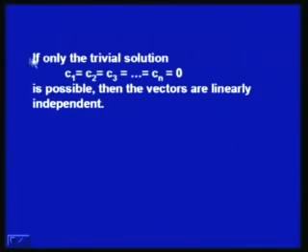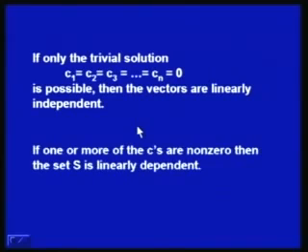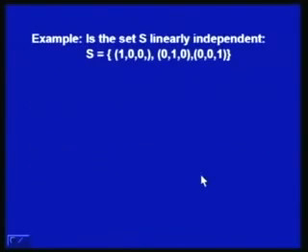If you find that the only solution is the trivial solution in which C1, C2, C3, Cn all are 0, then the vectors are linearly independent. However, if one or more of the C's are non-zero, then the set S is linearly dependent. We can take some examples to illustrate this.